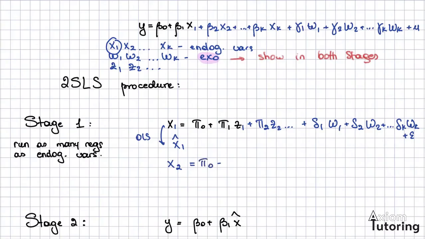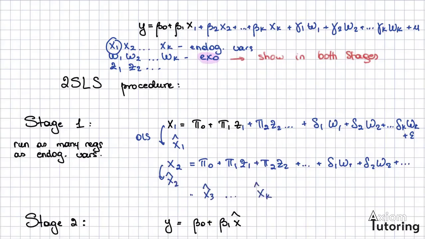I'll just pick the same ones, but keep in mind they will be different numbers. But look again, so I'm including for x2 exactly like x1, all of my instrumental variables and the control variables. And out of here, I'm going to take x2 hat, then I'm going to take x3 hat until I get also xk hat.